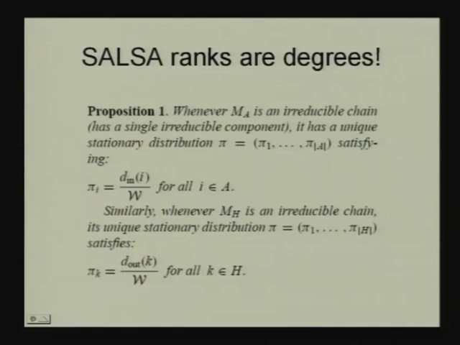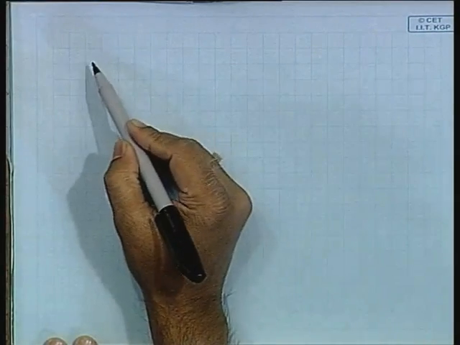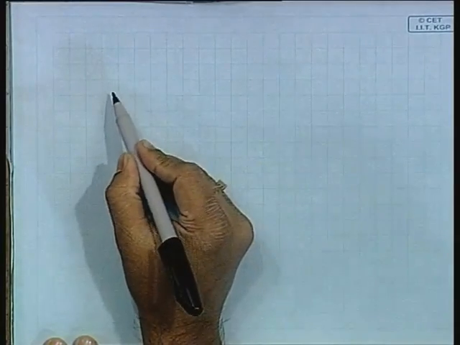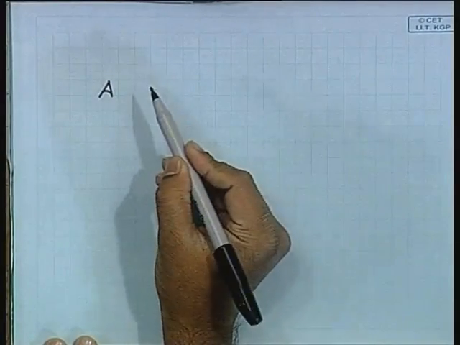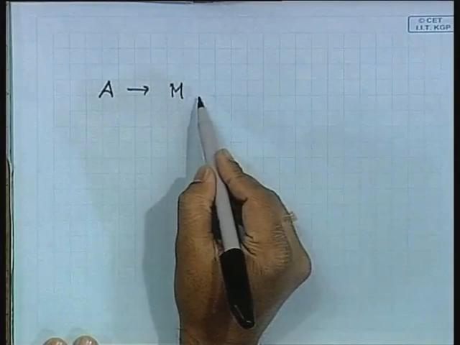This is proposition 1. I am saying the stationary distribution is equal to degree divided by some normalizing factor. So can you recall some property of graphs which we already proved using this? You forgot again? So remember, in the very beginning, the first lecture on random walk, we described that suppose A is an undirected graph and M is the corresponding Markov matrix.